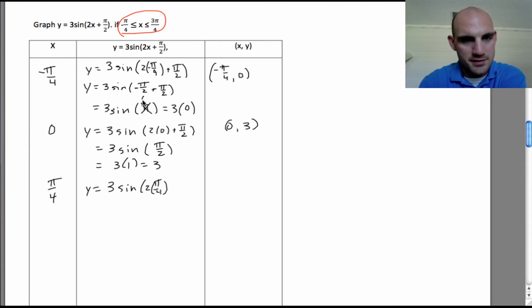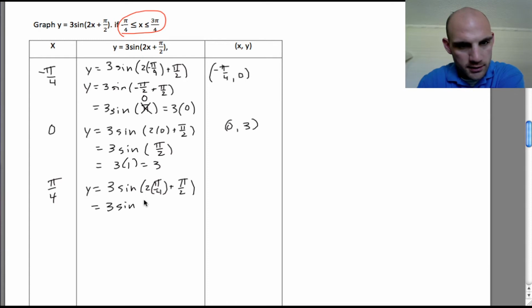So this should be the sine of 0. Sorry about that, guys. Made a little bit of a boo-boo. We're back on track now because this one is going to be pi over 2. So we've got y equals 3 sine of pi. You should have told me, guys. The sine of pi still equals 0. So we're still good, but just a little bit of a correction there.